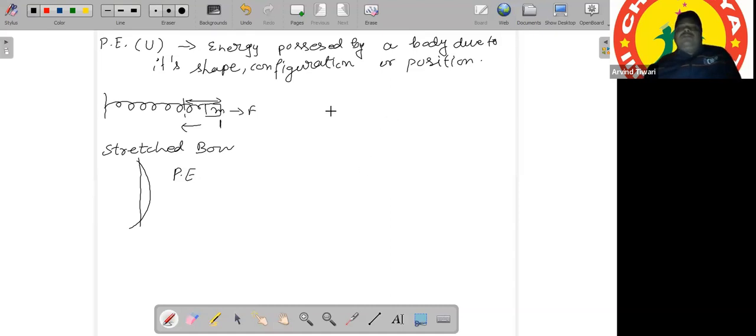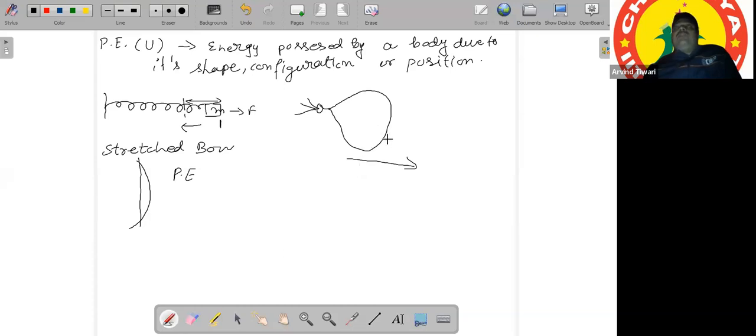Similarly, you have observed this with the help of a balloon also. Suppose you inflate a balloon, so the balloon has air in it. Now, it should be able to do some work, right? If you open it up, air will move out of it, and you will observe that the balloon starts moving in the forward direction.